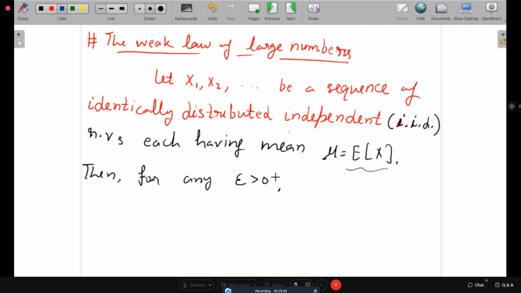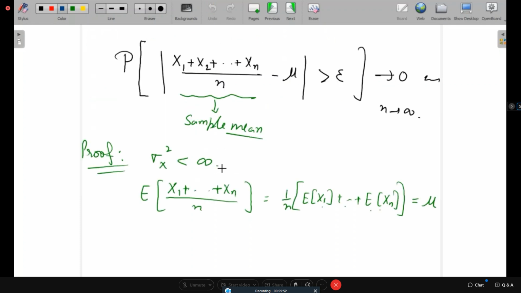So then for any epsilon bigger than 0, what this will give you is the probability that the modulus of (X1 plus X2 plus and so on plus Xn) divided by n minus mu. What is this? It is the sum of these n random variables divided by n.